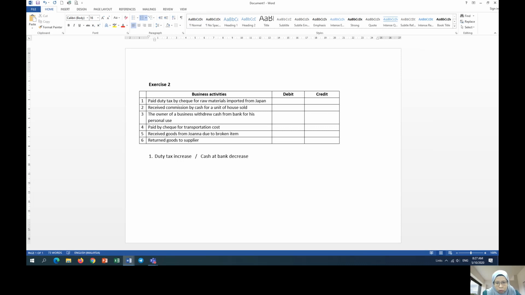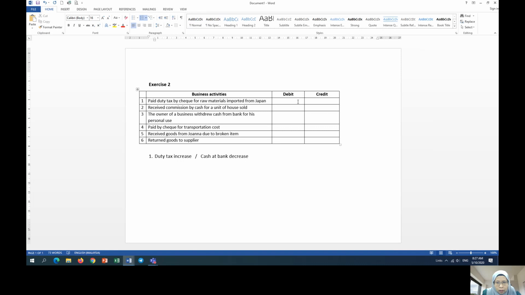So let's apply the rules of WNT system. I believe that everybody has already memorized the rules. So when there is a decrease in cash at bank, cash at bank is your asset. So decrease in cash at bank will make your asset decrease.